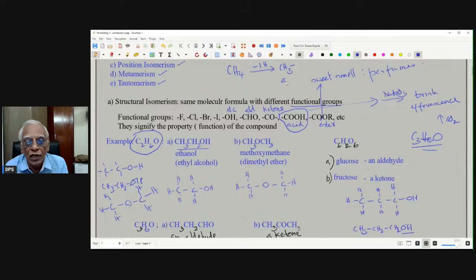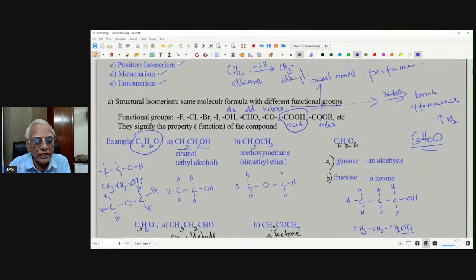Therefore, it is called an alkyl group. One hydrogen short of an alkane is called an alkyl. This is called an alkane, general molecular formula of an alkane. This is called an alkyl. Okay, so the alkyl group is methyl. Trivial name, there are two methyl groups, dimethyl, therefore ether, dimethyl ether.